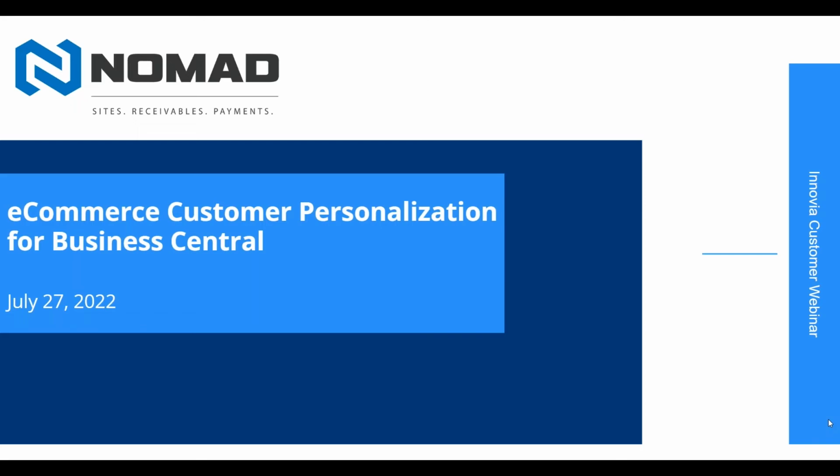We'll discuss the technology stack and some of the tools available for you to use to get to the level of personalization that you might deploy for your business. Then I'm going to turn this over to Michael, who will walk you through three of our Business Central customers that used to run NAV and now are on Business Central, who run Nomad eCommerce and have done different levels of personalization for themselves that actually work for their business.